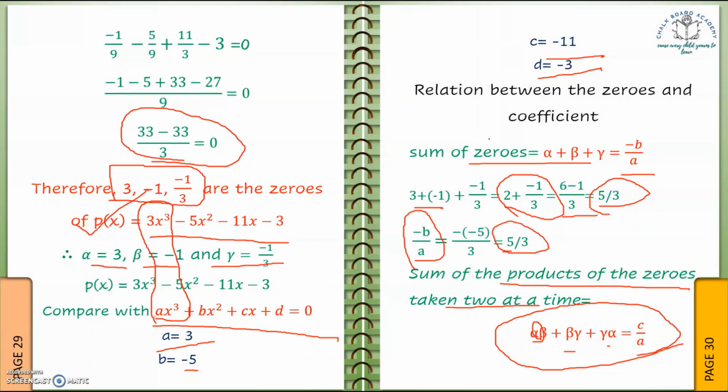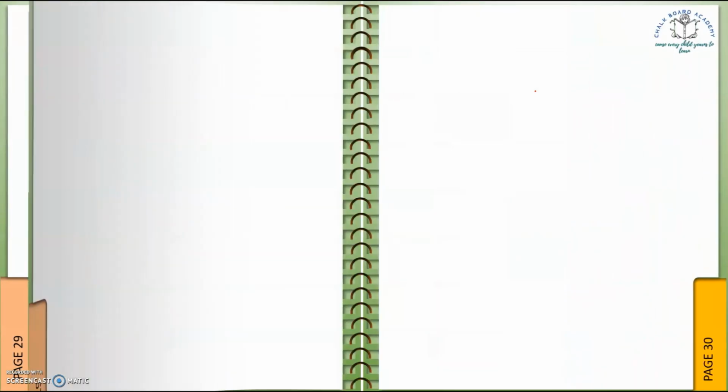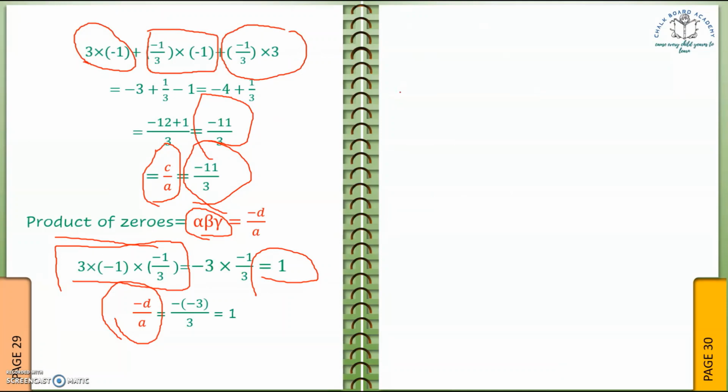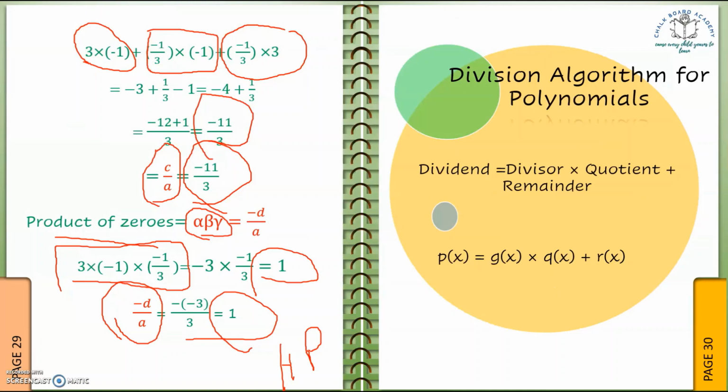As you can see here, it is -3. And so minus d by a becomes here 3 by 3. So we have 1 again. So product of zeros, that is alpha into beta into gamma, is equal to minus d by a. Hence proved.